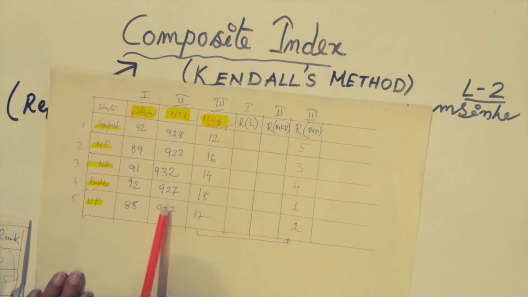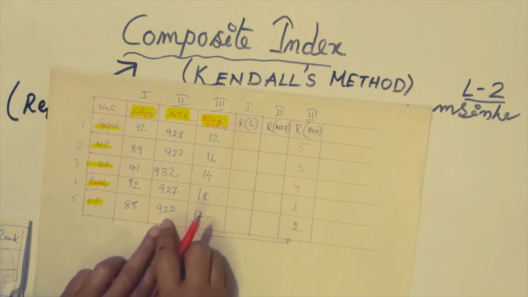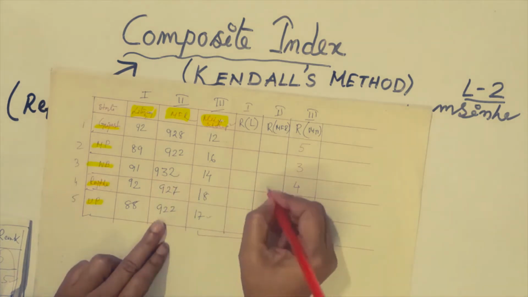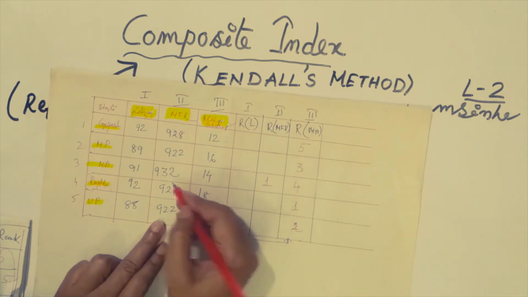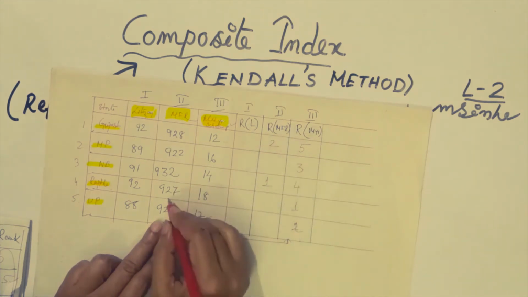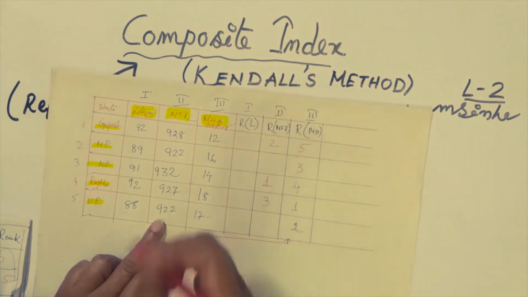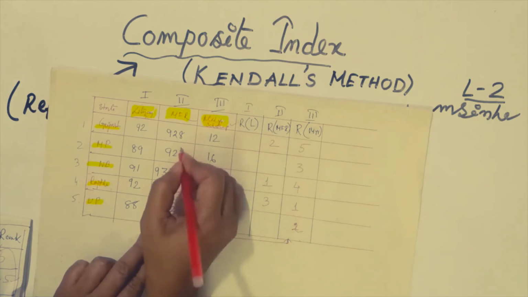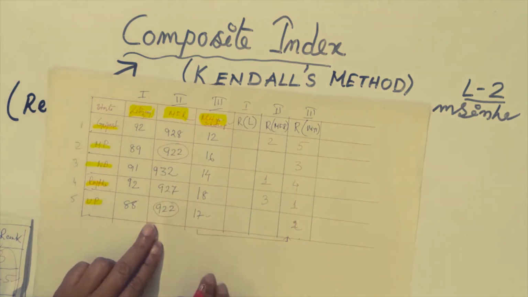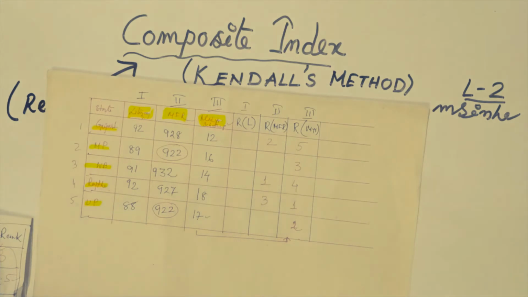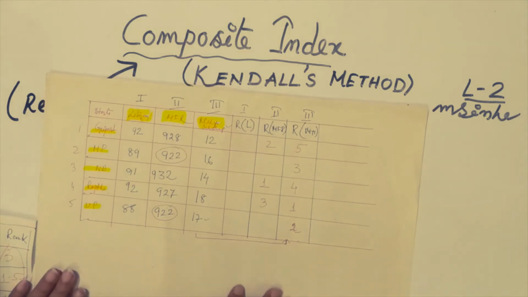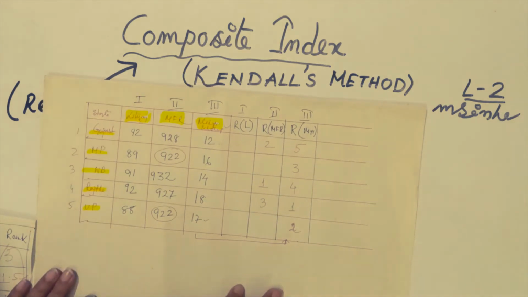Now come to this one. Which is the highest? 932 is the highest one. This is 1, then next one is 2, then next one is 3, then come to the point 922, 922. This is the repetition of the value. What will we do in the case of repetition of the value? In this case we will follow the principle of Kendall's method, rather the principle of Pearson's ranking method.